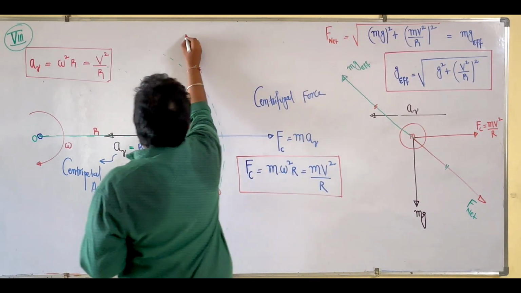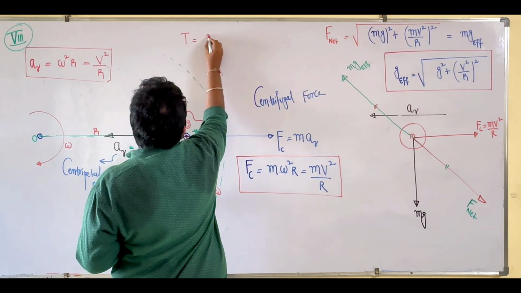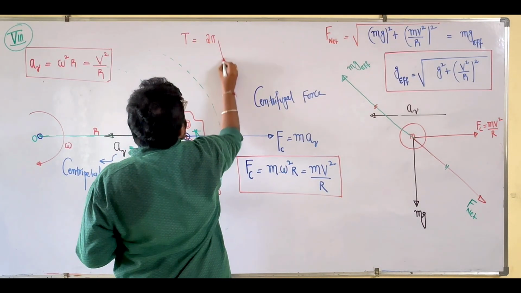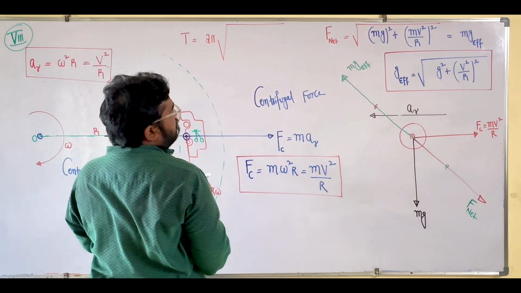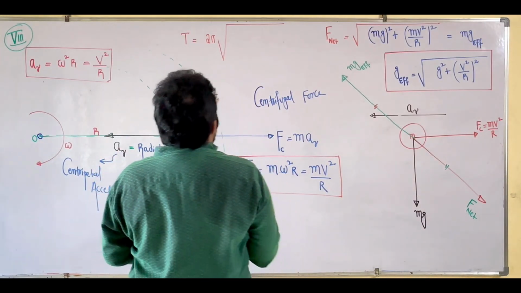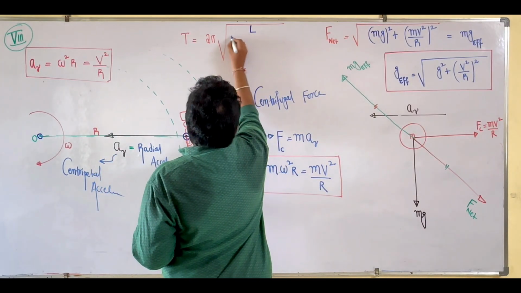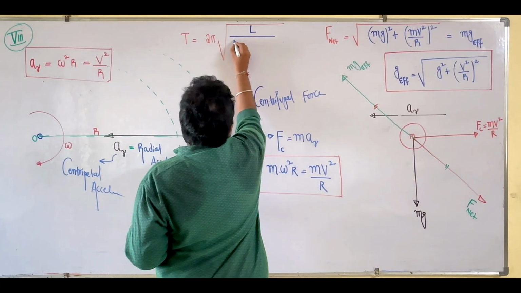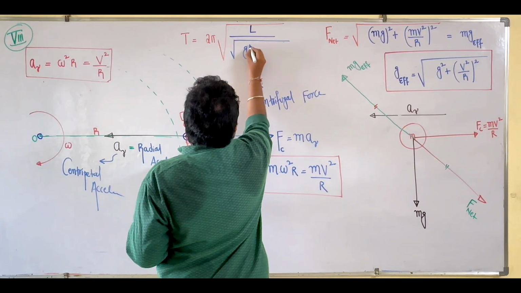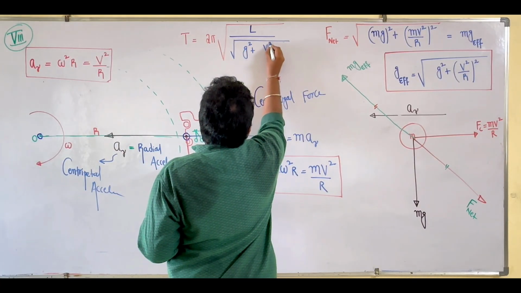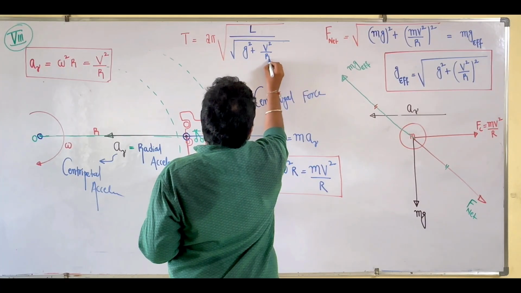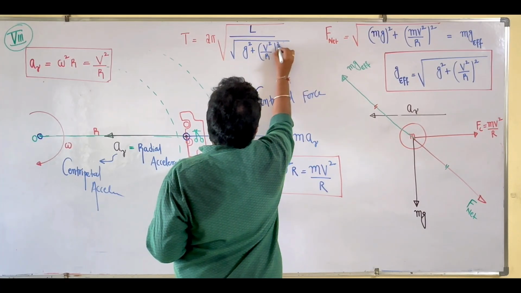So what is the time period of oscillation in this case? 2 pi square root of L by g effective. L by g effective, how much will come? Square root of g square plus v square by r whole square.